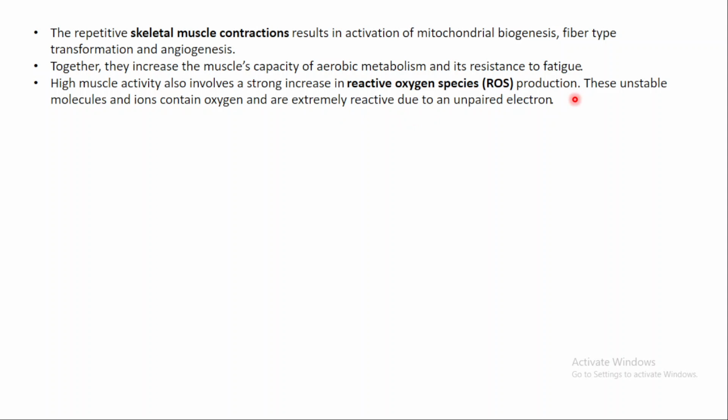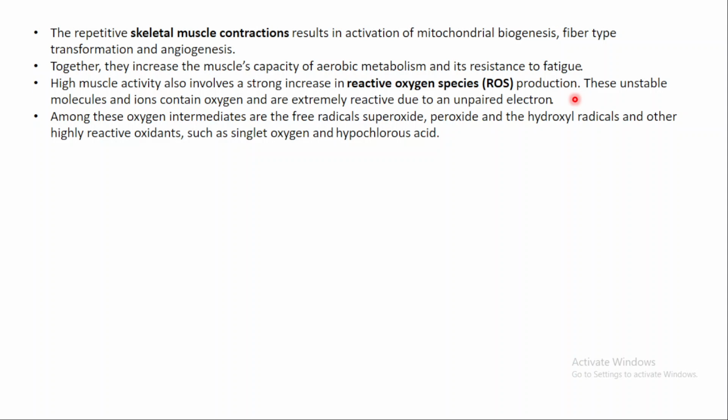As we have learned, mitochondria are a source of ROS, so due to higher activity of mitochondria, there will be an increase in reactive oxygen species when a person does strenuous exercise or repetitive skeletal muscle contraction. These ROS molecules are extremely reactive due to the presence of an unpaired electron, which we learned in the previous question, so they can react with stable molecules inside the cell, which is harmful for the cell or the muscle.